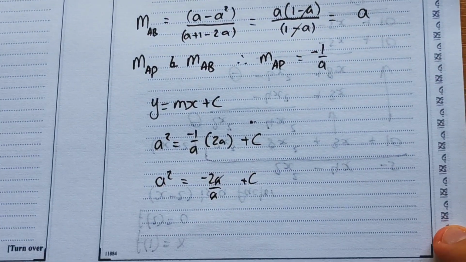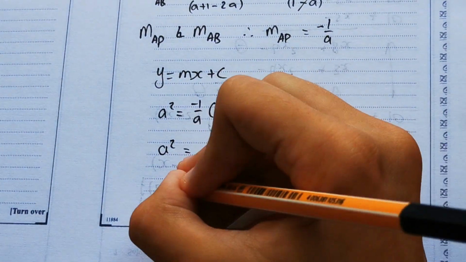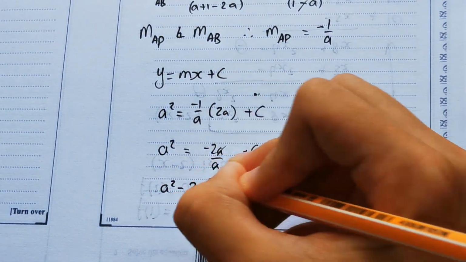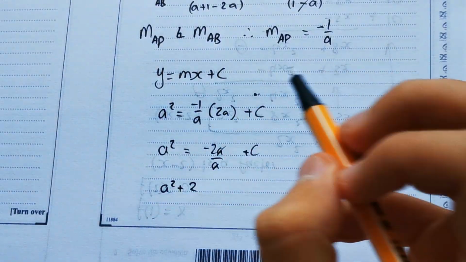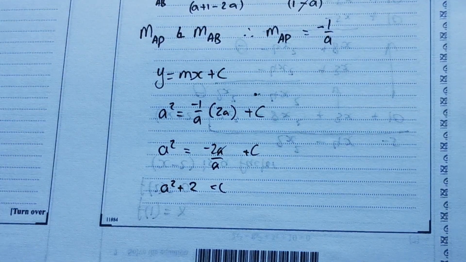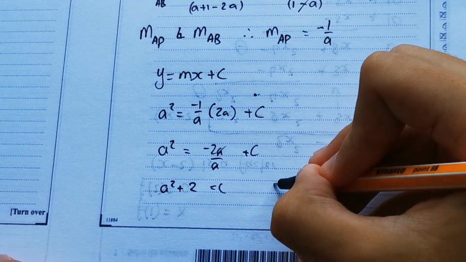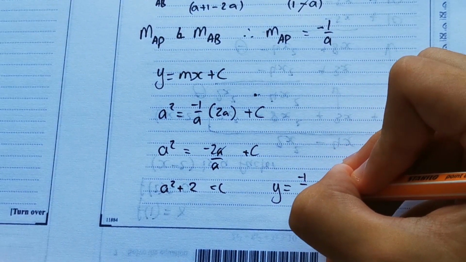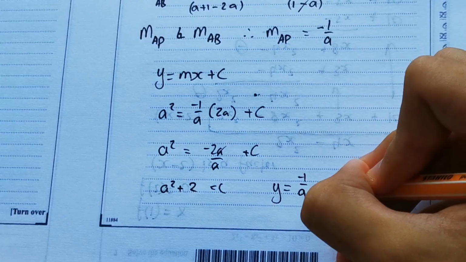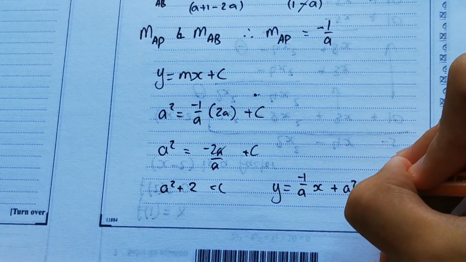The a's will cancel out. A squared minus 2, plus 2, because we're going to bring that over, is equal to c. So our equation is y equals minus 1 over a x plus a squared plus 2.